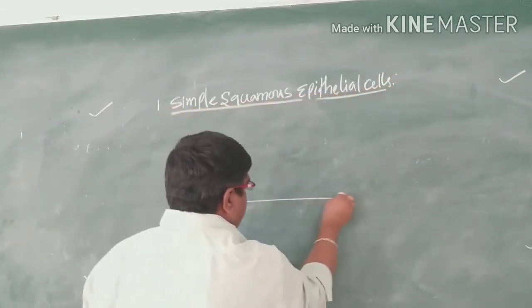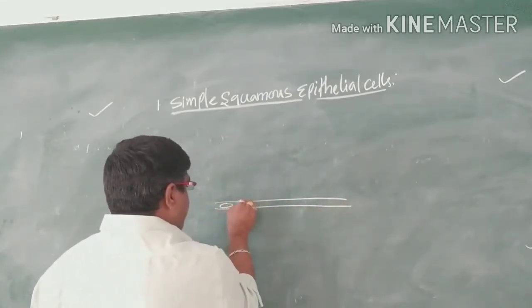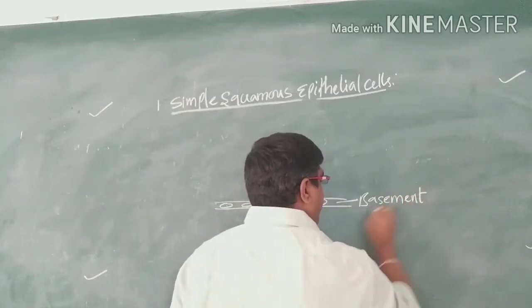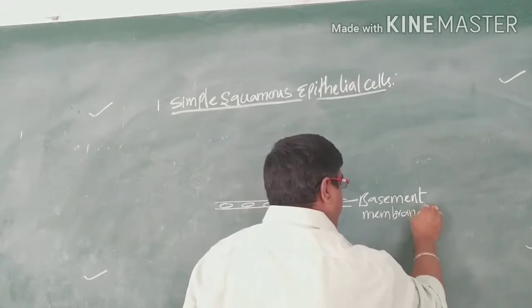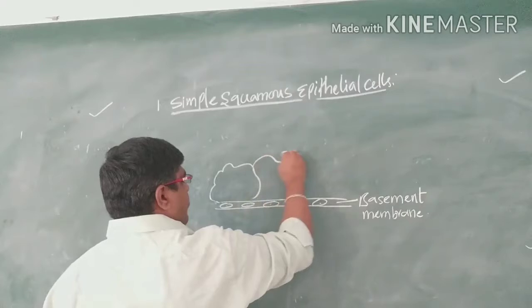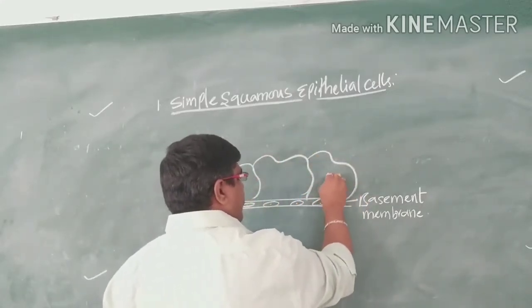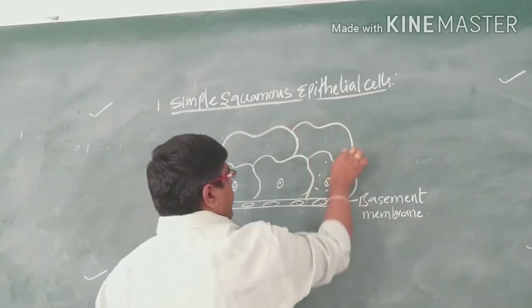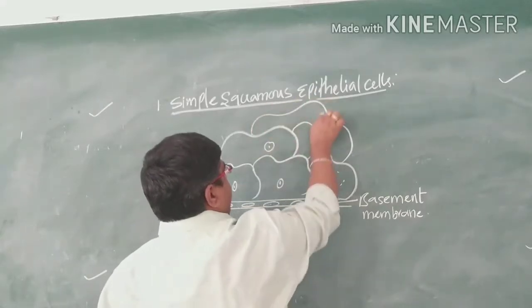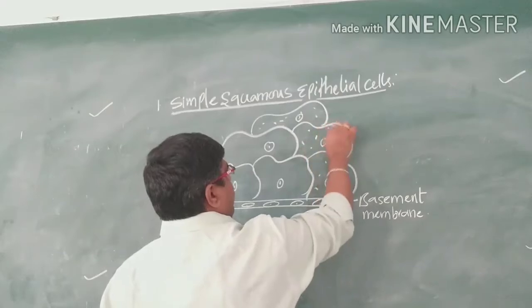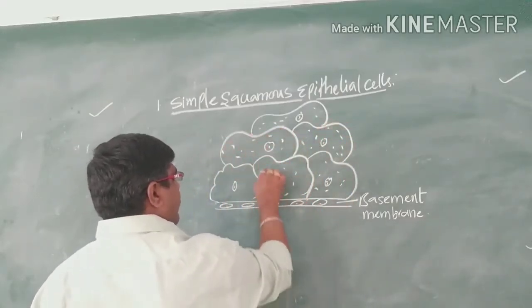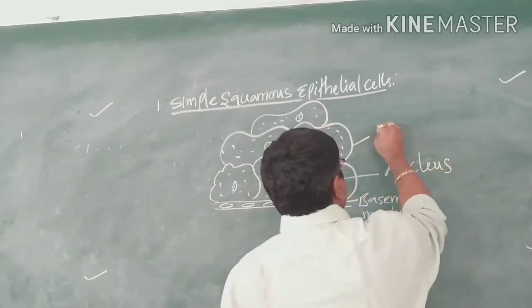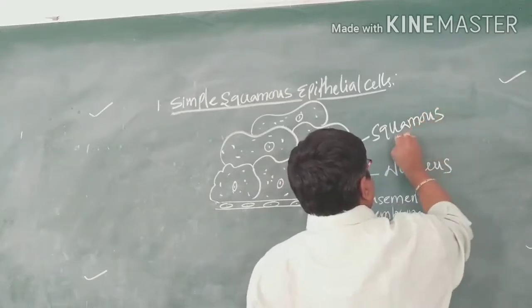This is the basement membrane, this is the nucleus, and these are the squamous epithelial cells.